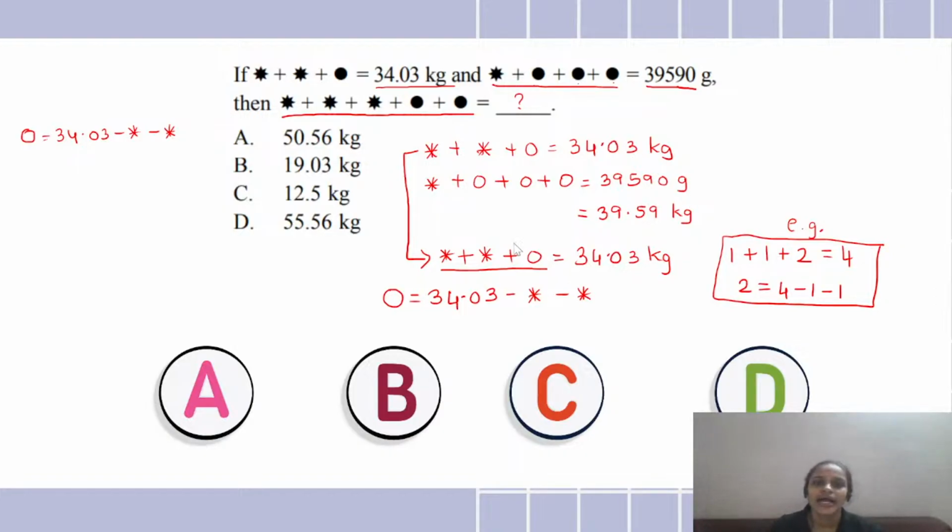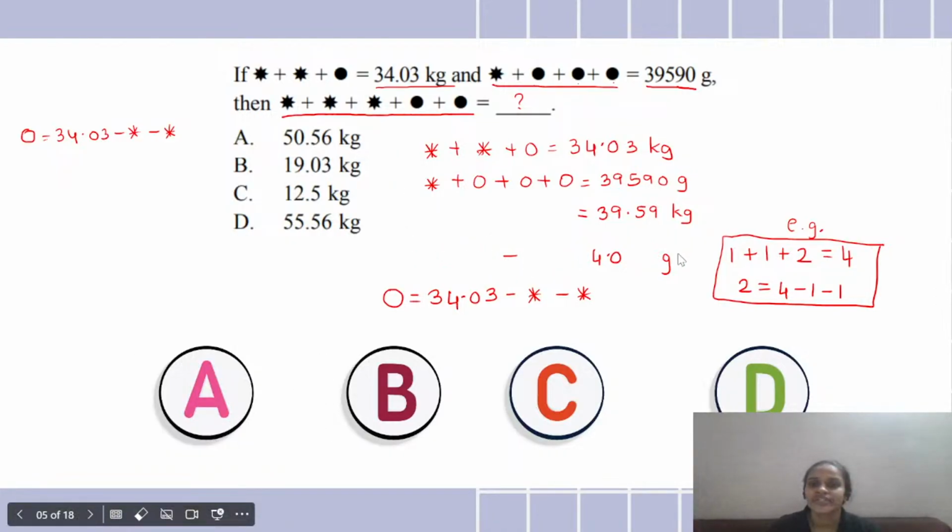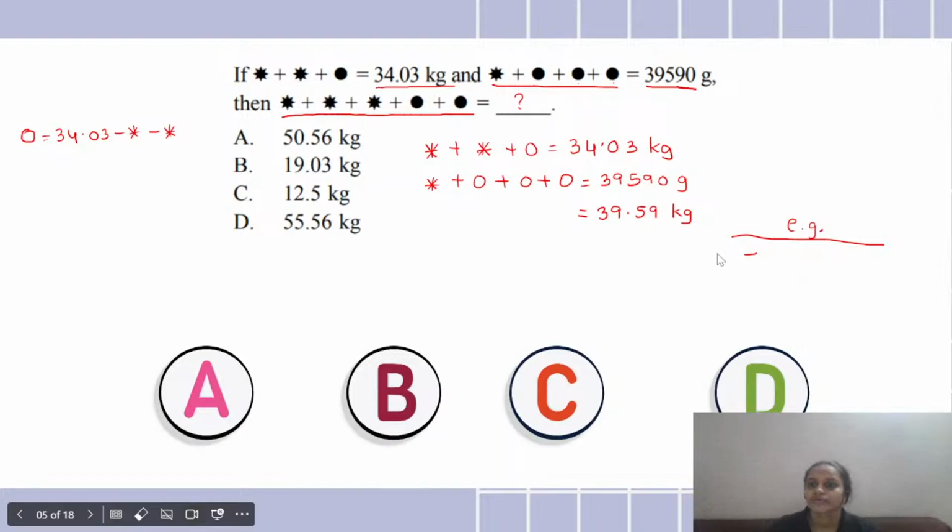Okay, all right. Now I am going to replace these three circles. Let me erase the rest of the things so that we don't get confused. I hope till here everything is clear. My second statement was that star plus 3 times circle equals 39.